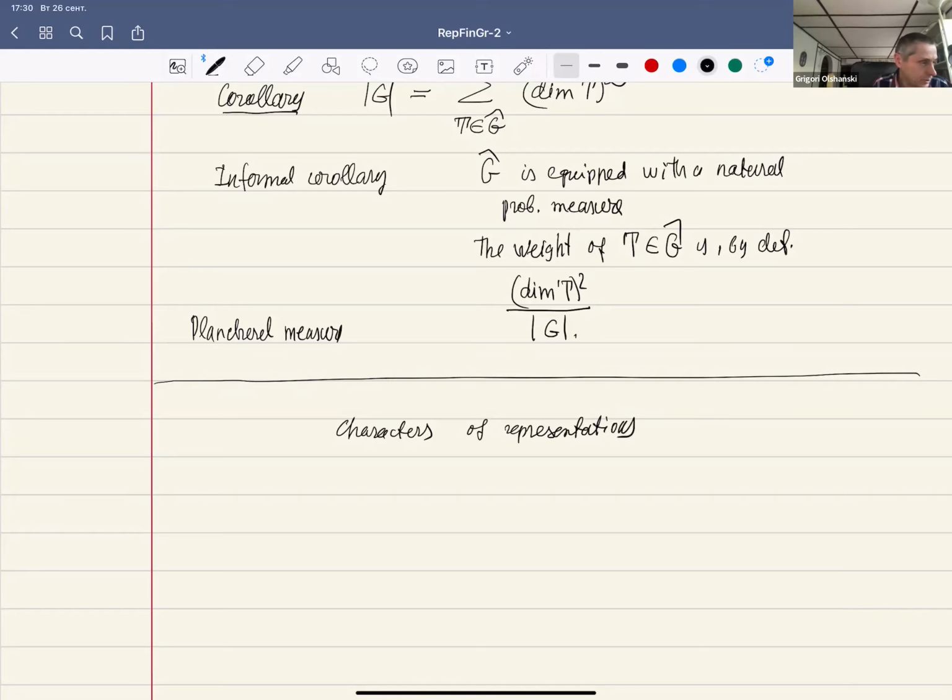Given the definition, if T is a representation, not necessarily irreducible, then its character is a function on the group. And the definition is as follows. Its value at g is equal to the trace of the corresponding operator.